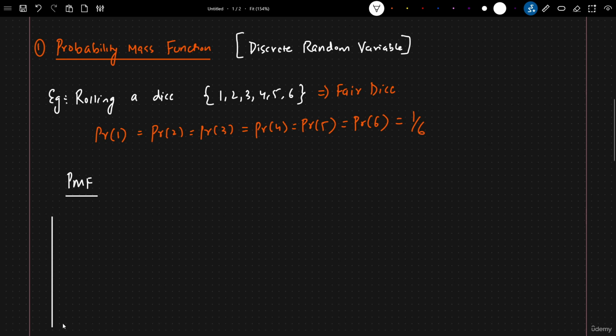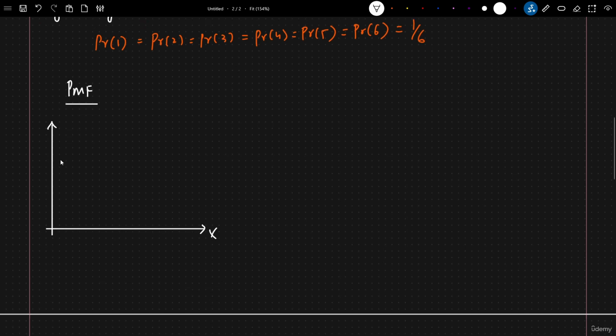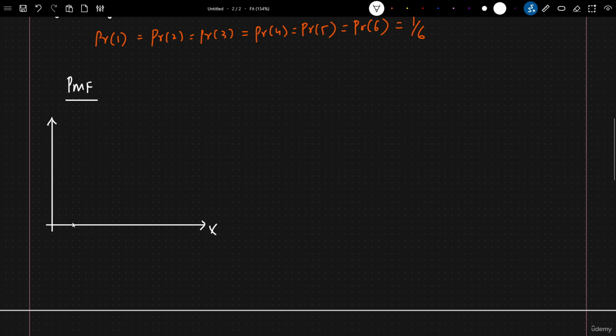In order to construct it, I will construct something like this. This will be my x-axis. The x-axis is nothing but the outcomes of my dice, and the outcomes are 1, 2, 3, 4, 5, and 6.